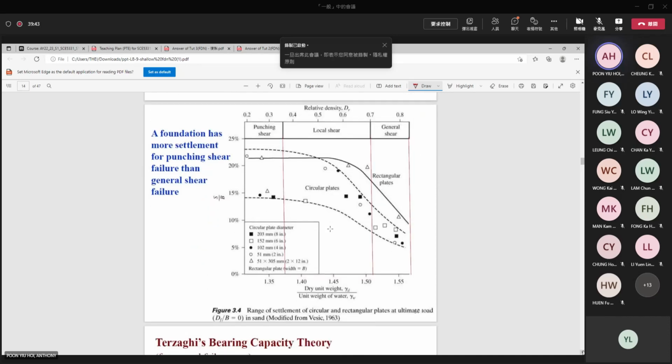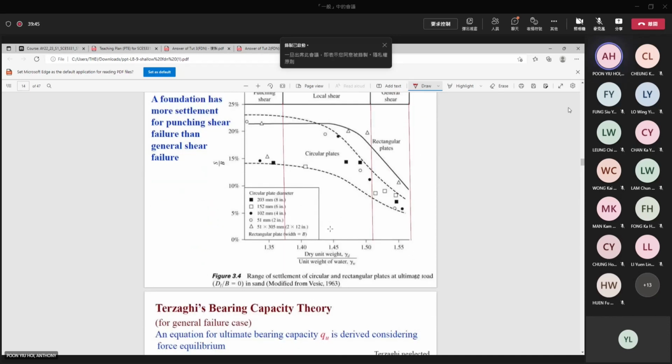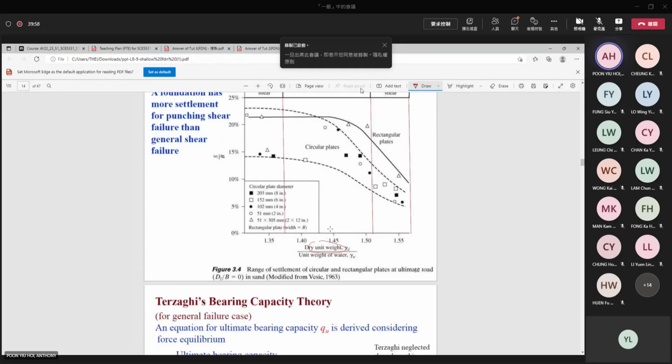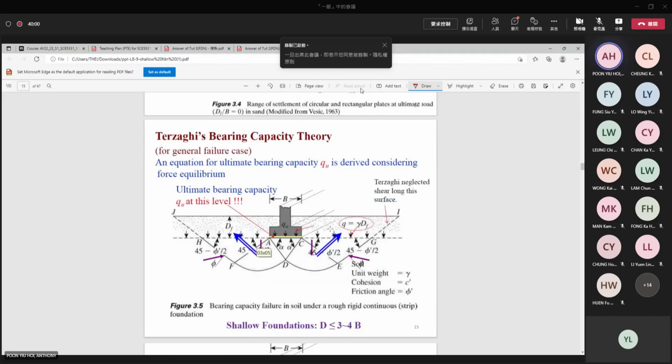And this is another result showing the relationship of the unit weight with respect to the failure mode. So this is based on the general shear failure mechanism.